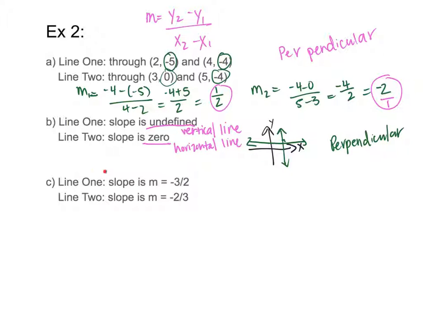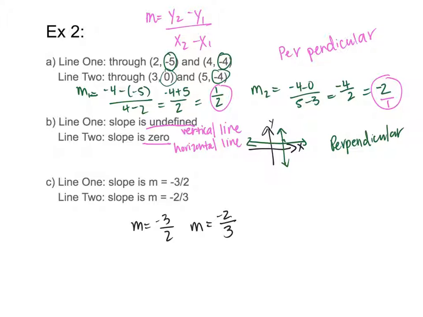Okay, let's take a look at our last one here. So it says that this slope is negative 3 over 2 and the other slope is negative 2 over 3. So let's think about it. These are flipped, but they're both negative, right?